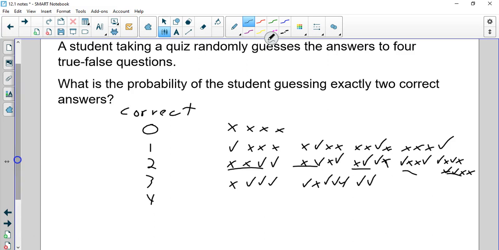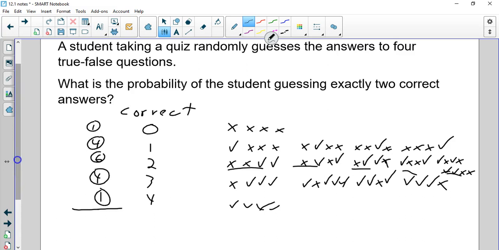This is going to be the mirror image, and so there's going to be the same number of possibilities. So, how many do we have here? We have 1, we have 4, we have 6, we have 4, and of course this one would be yes, yes, yes, yes. So that would be 1. So if you add those all up, there's 16 possible outcomes.